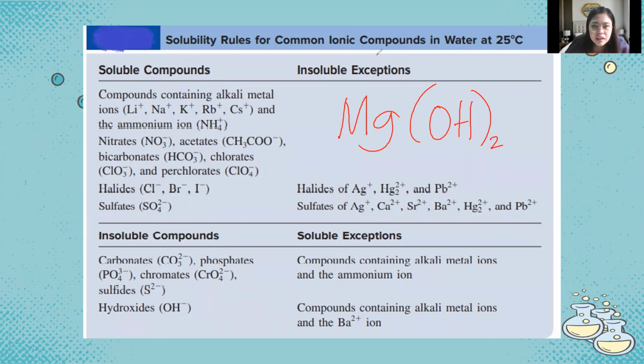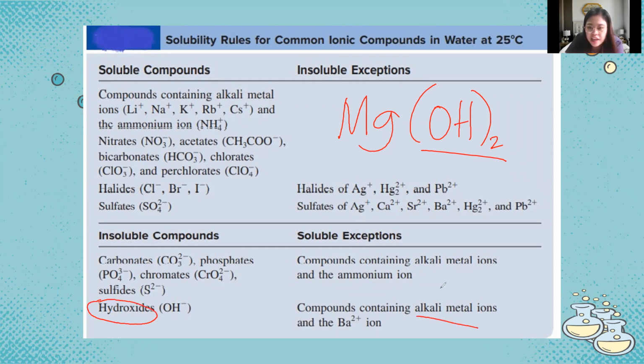Sige. So let's see. We have here magnesium. First, let's see if magnesium is listed here. We cannot see magnesium. Therefore, we will be referring to the hydroxide. So, hydroxide is here. It is supposedly insoluble, pero let's see the exception.